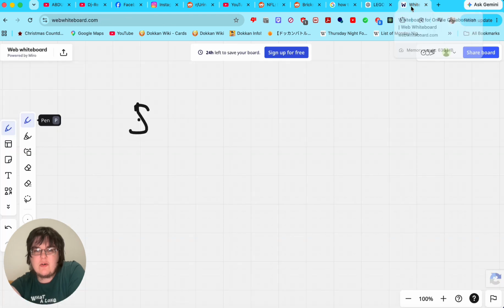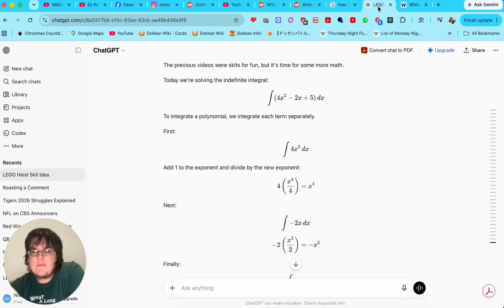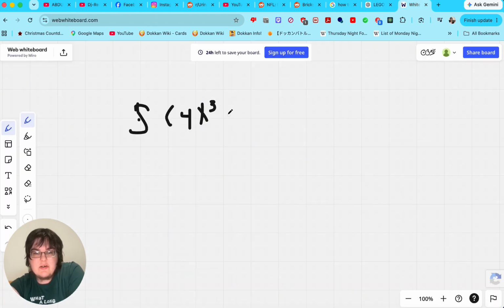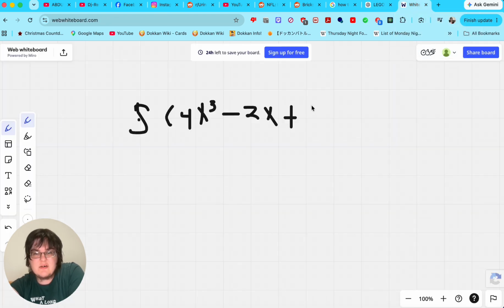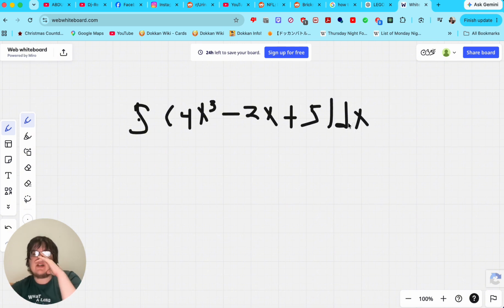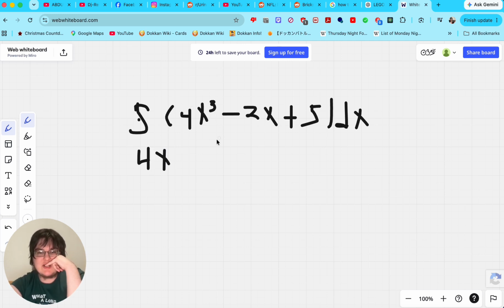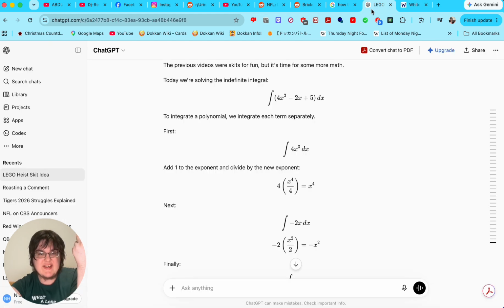Basically, you have the integral of 4x cubed minus 2x to the first power plus 5, and then dx on the outside. Basically, this one, same process as the last one, but I'm going to go through it a little bit quicker. So this is just raise the exponent, basically just that.